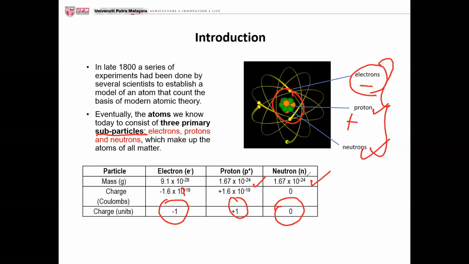Since the value is very small, scientists came up with another way to measure the mass of proton, neutron, and electron by using the atomic mass unit, or the symbol is amu.